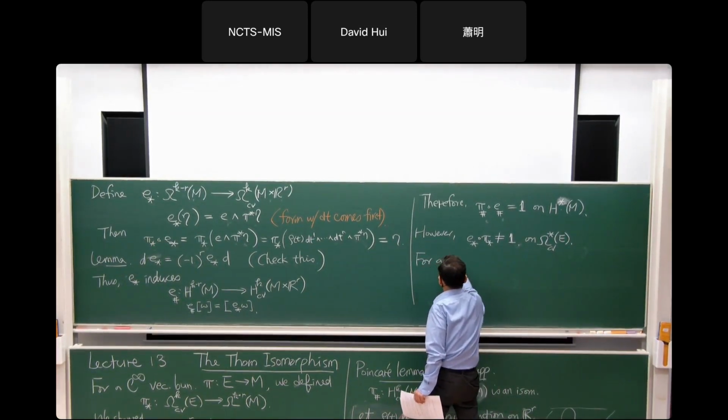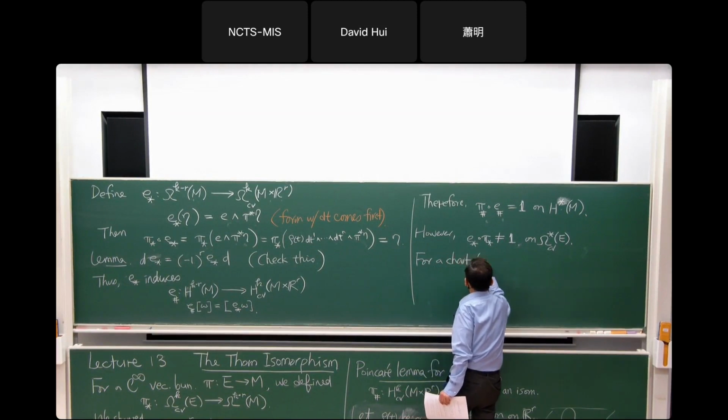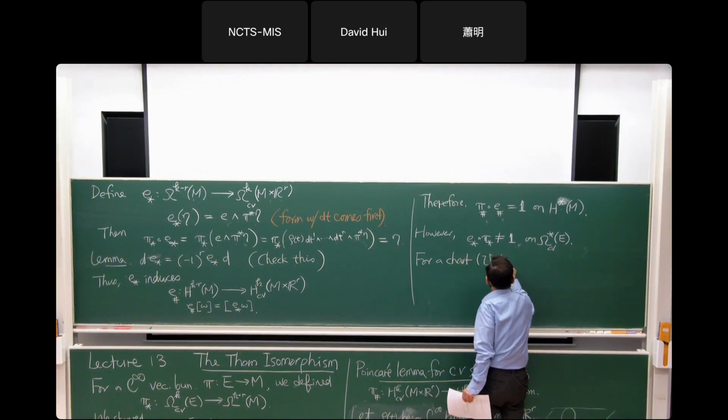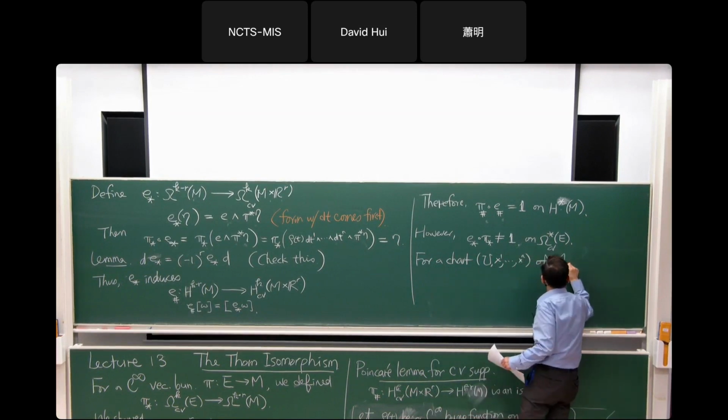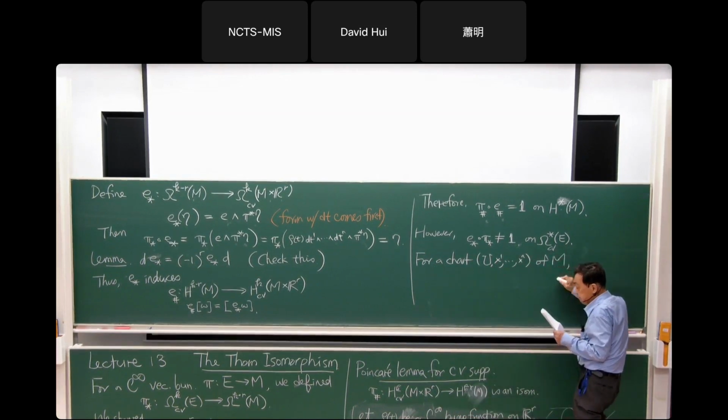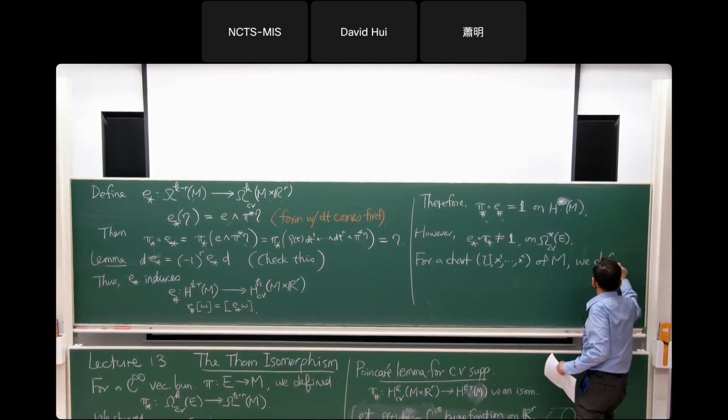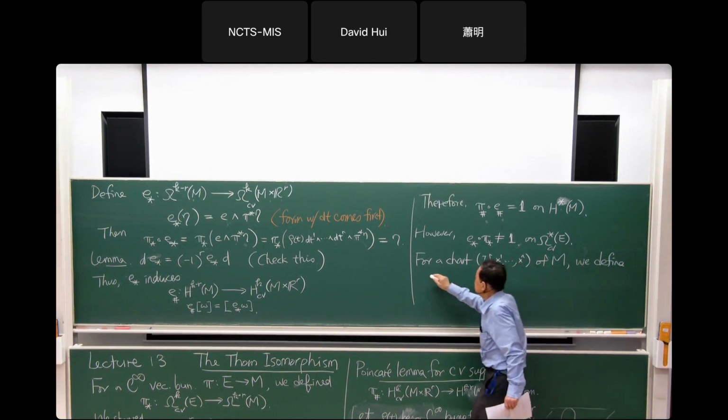So for a chart U, x1 to xn of M, we define a cochain homotopy.